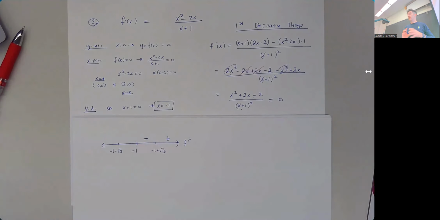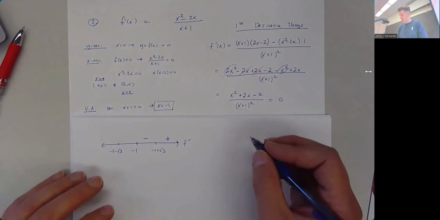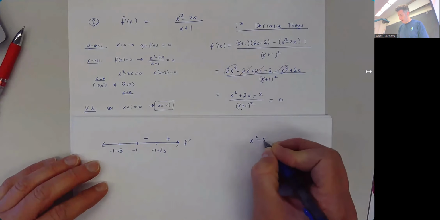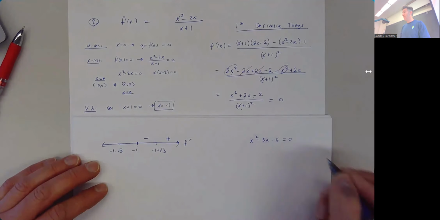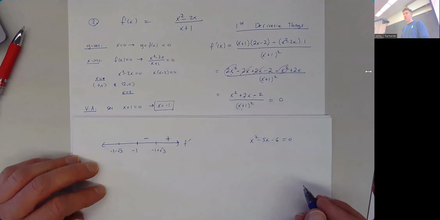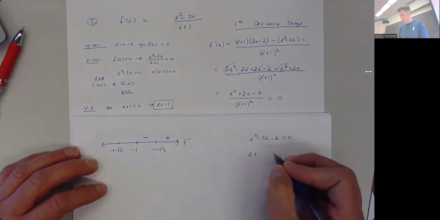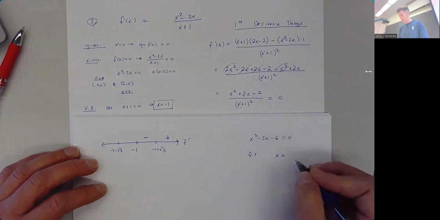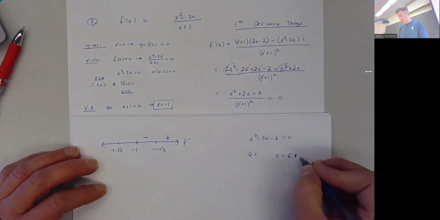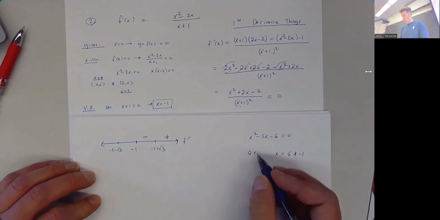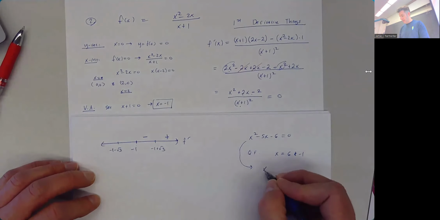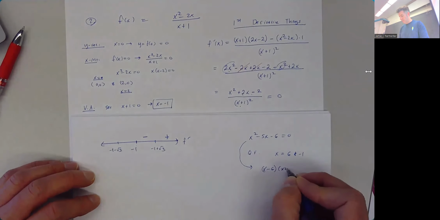That's always going to be true if you found 2 solutions from a quadratic equation. It's like saying you wanted to solve x squared minus 5x minus 6 equal to 0, and instead of factoring it, you did the quadratic formula. You would end up getting x equal to 6 and negative 1, which means we could have factored this as x minus 6 times x plus 1.